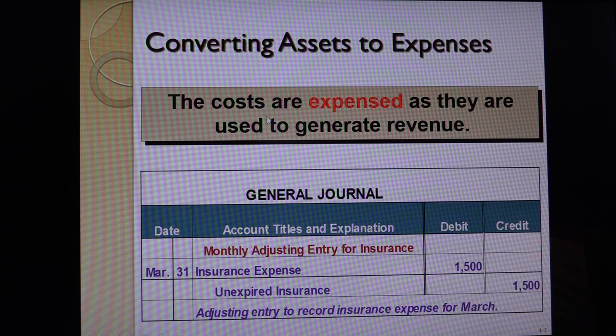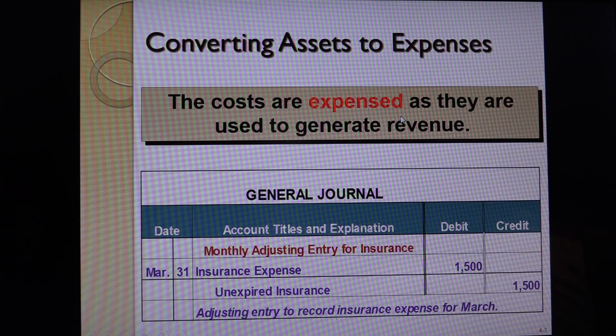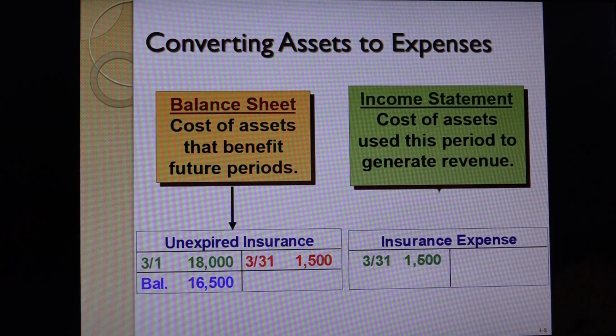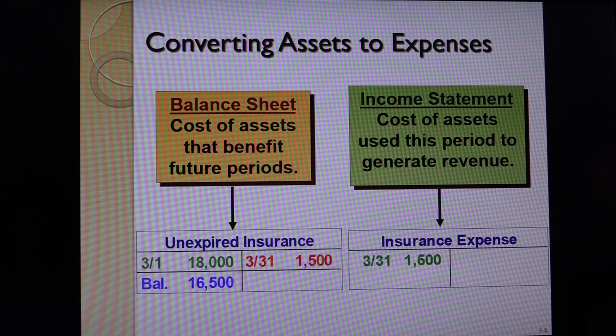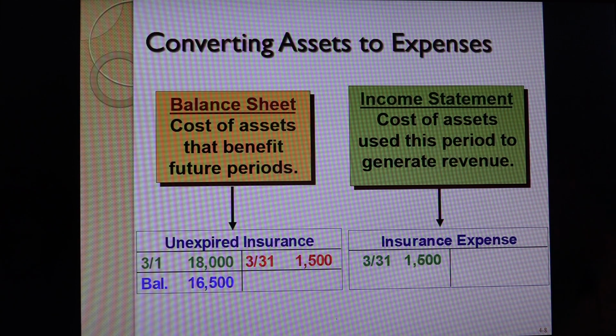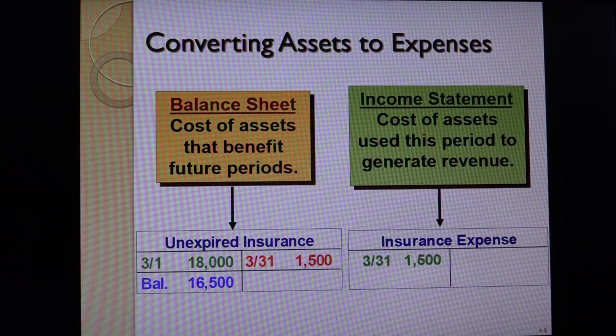And so the important point is that the costs are expensed as they're used to generate revenue. Again, this is all part of running a company. You might say, well, what's the generation of revenue here? You're trying to run a company and certain expenses are involved with that.